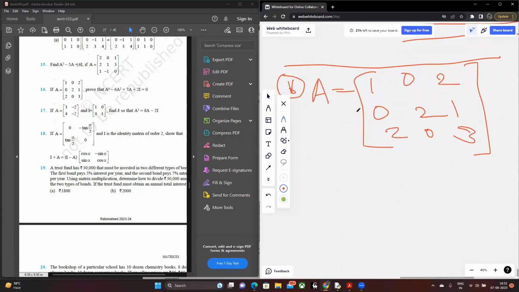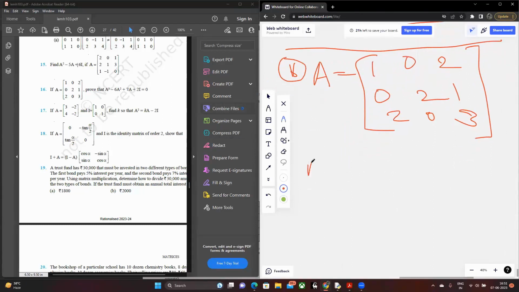That's a note. So over here, again, we are going to deal with A squared being A into A, that is just multiplying this with itself. So this is going to be 102 times 102, that is 5. Here it's 102 times 020, that is 0. And this is 102 times 213, that is 2 plus 6, that is 8.